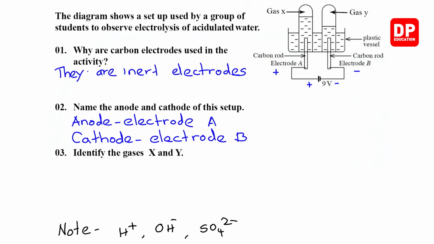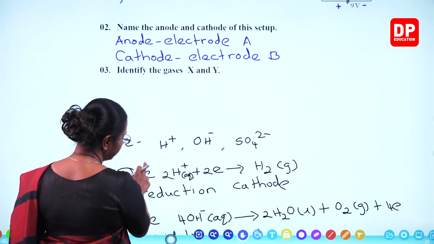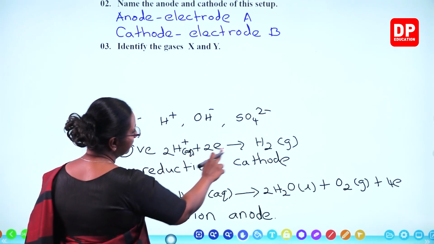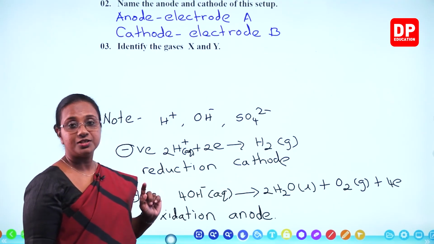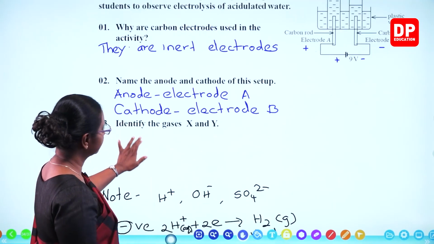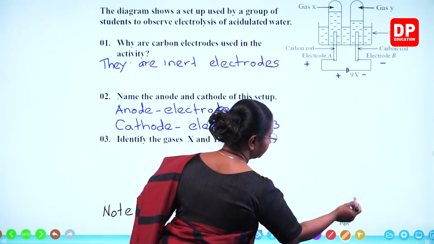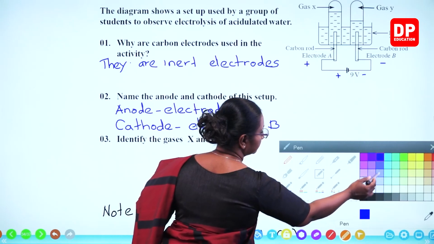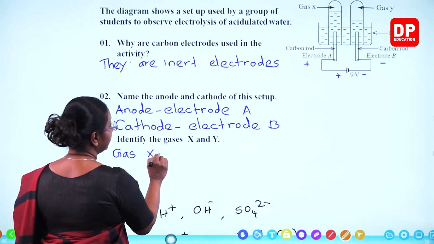Then the next question. Identify the gases X and Y. We already identified the gases. You can see here students. Now negative electrode, it is going to be hydrogen gas. And positive electrode, it is going to be oxygen gas. So if we are to identify gas X and Y, gas X is what?